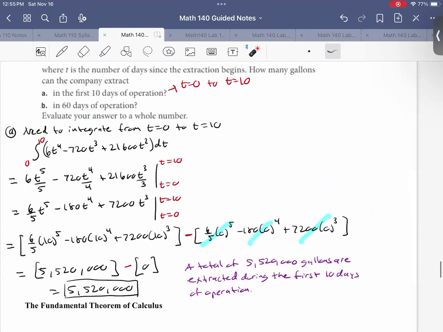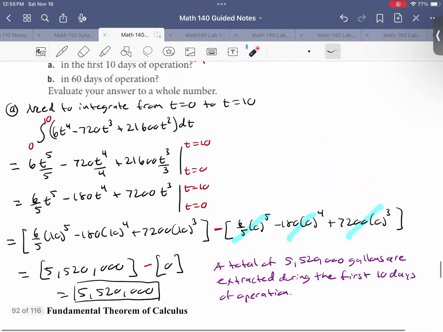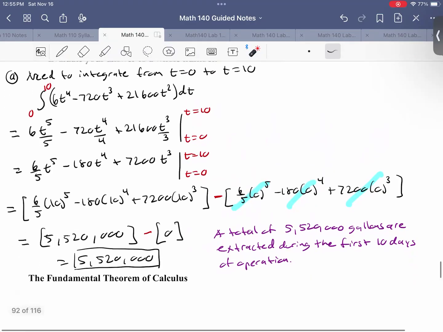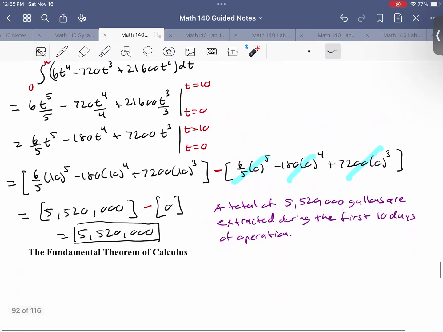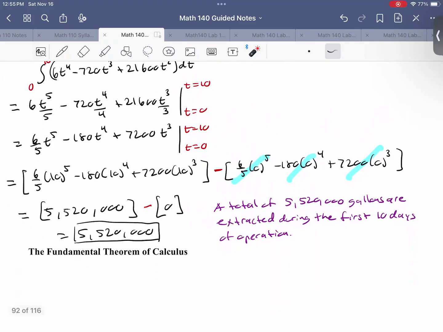I'm going to skip B. It'll just be the same type of process anyway, but that leads us into the fundamental theorem of calculus.